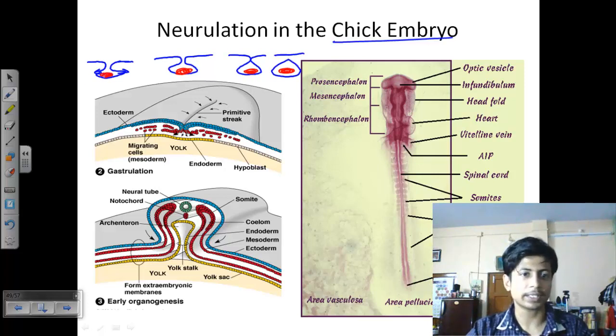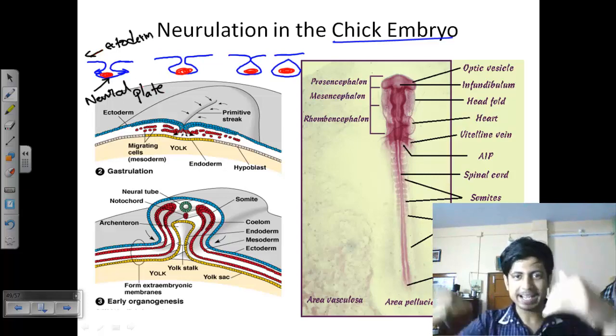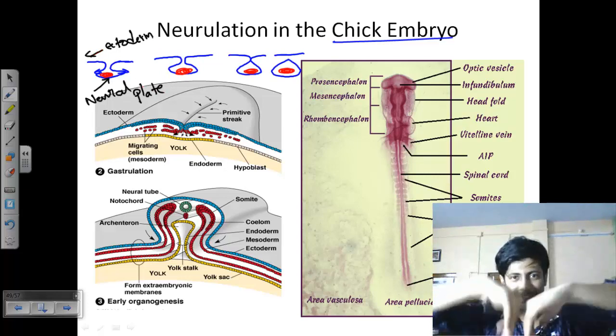See, this is a process where the red region is the neural plate that we are talking about, and the outside regions are the ectodermal regions. So this is the ectoderm, and this red region is the neural plate. The neural plate is in the middle, and the cells are migrating in this bottom direction.